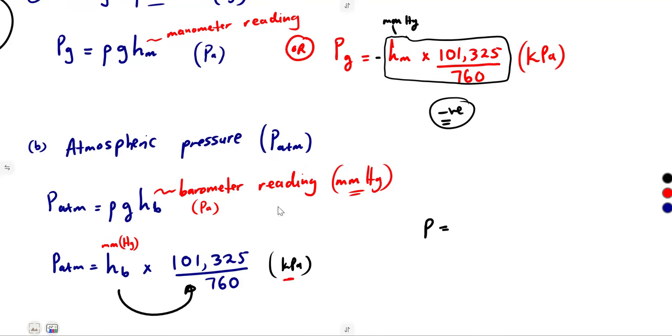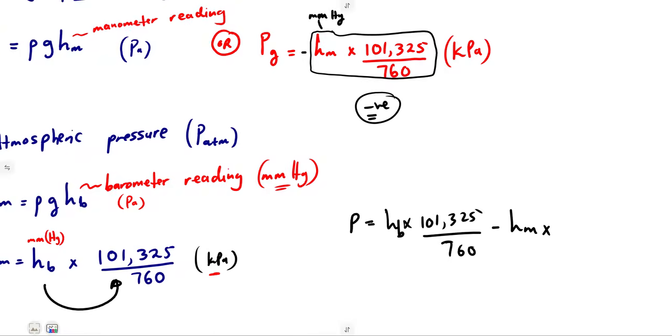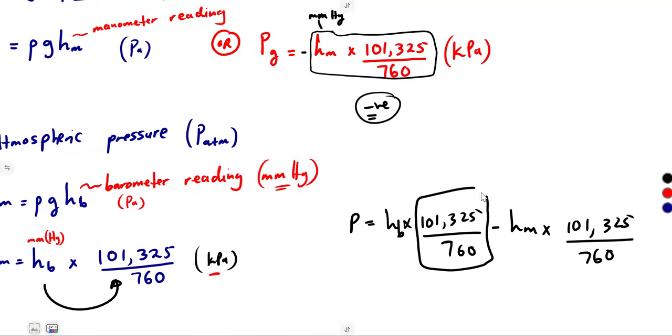So it was going to be like this: HB times 101.325 over 760, and because this one, whenever we calculate it, gives us a negative, it was going to be minus HM times 101.325 over 760.